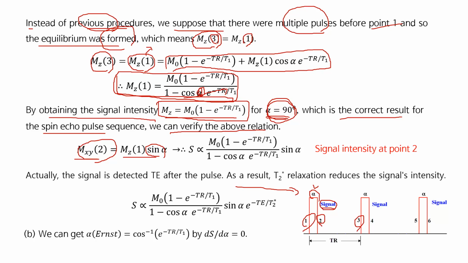So this is the first signal, right? mg1 is given here, so we can put this one here. Then the first signal will become this expression, the signal intensity at point 2.